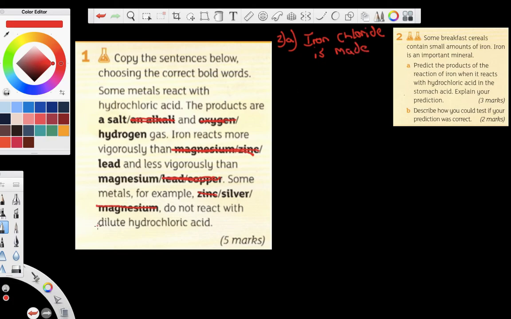The reason I know this, I haven't got room up here so I'll write it down here, is we could have iron plus hydrochloric acid makes, and remember we draw an arrow, not an equal sign, iron chloride and hydrogen gas.